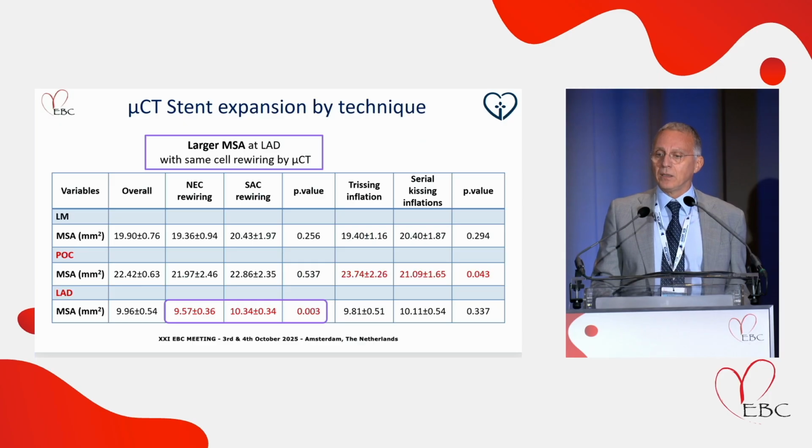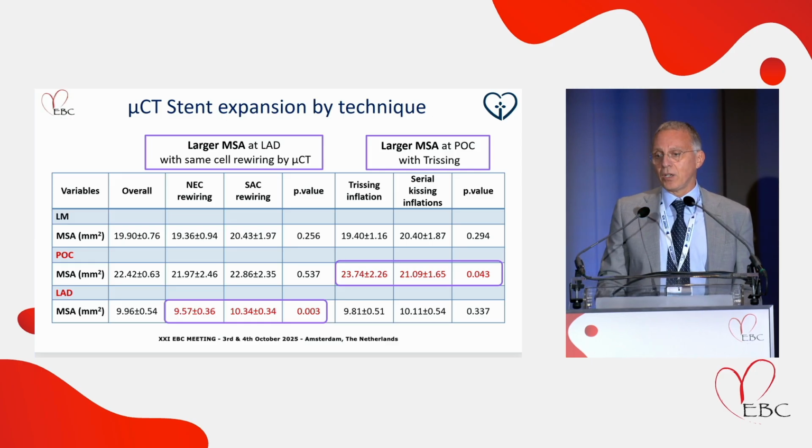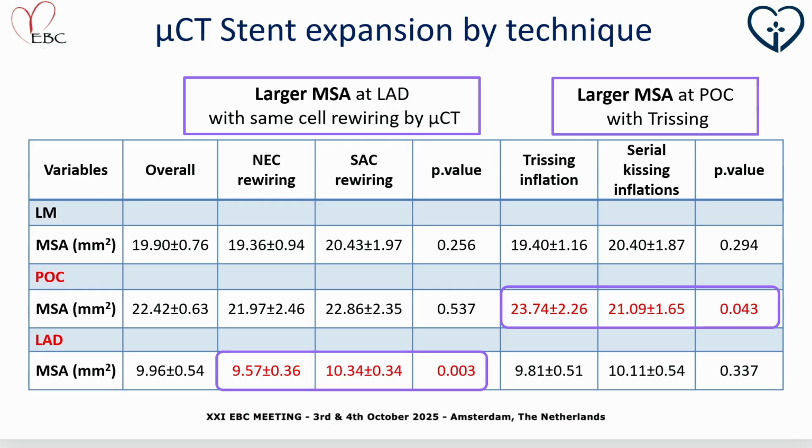And regarding the difference in ballooning, we found a larger MSA at the polygon of confluence with tracing. This is really expected because if you have 3 balloons inflated in the polygon of confluence, you will stretch more the stent struts.